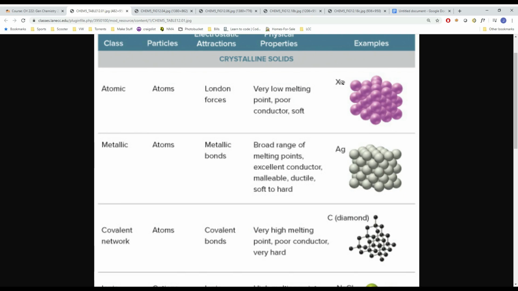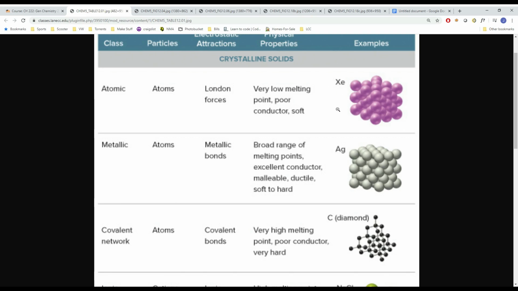So atomic, they give the example here of xenon. So if you get xenon gas cold enough, it will liquefy, bring the temperature down, or if you up the pressure, it'll turn into a solid. And the melting point of this solid is 161 Kelvin. So yeah, it's going to need something colder than your freezer at home to make this happen, but it can.